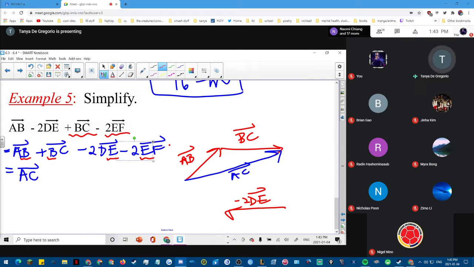And so now what we're going to do here is factor out that 2. And so I'm left with just 2 times DE plus EF. And now I can conclude that this is just DF.